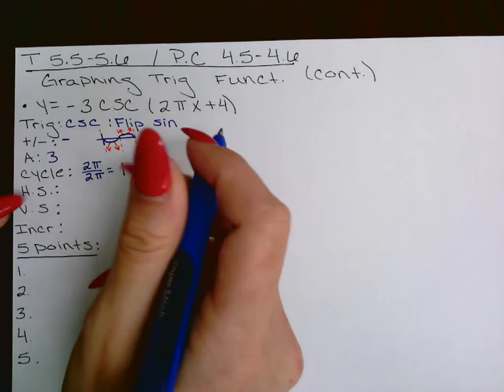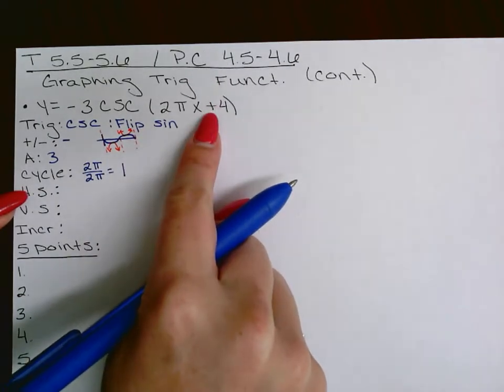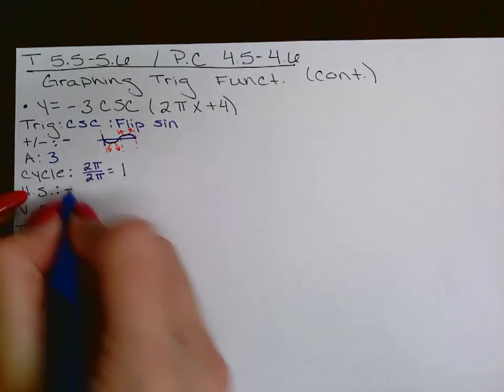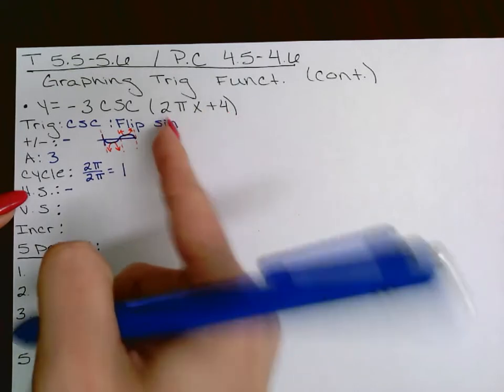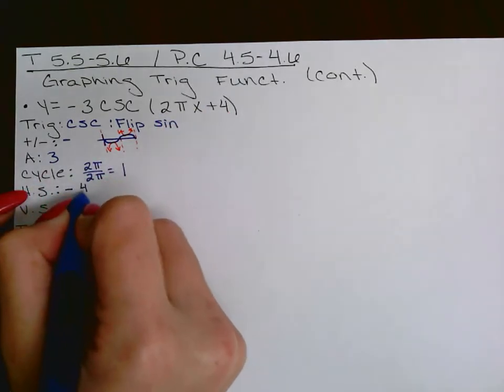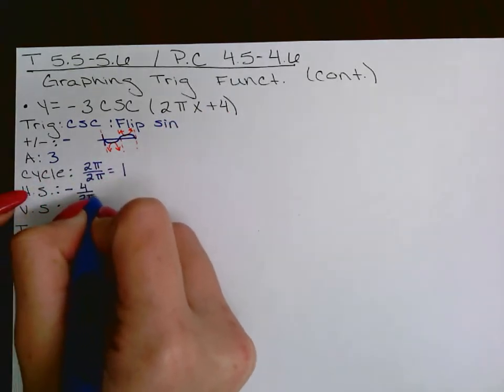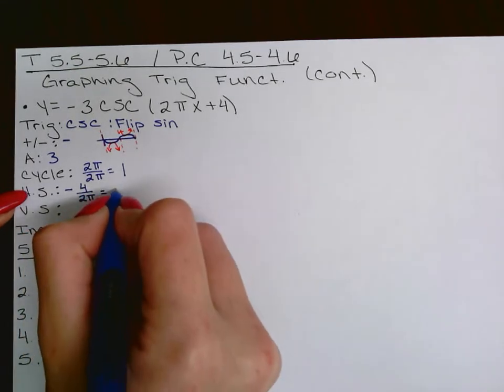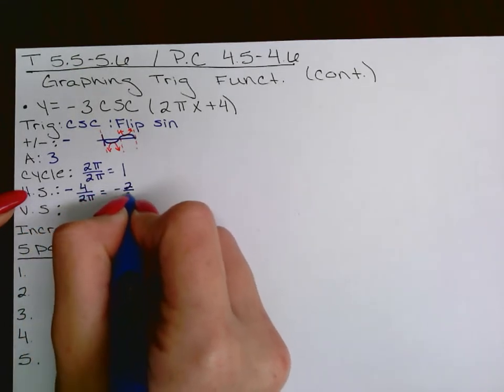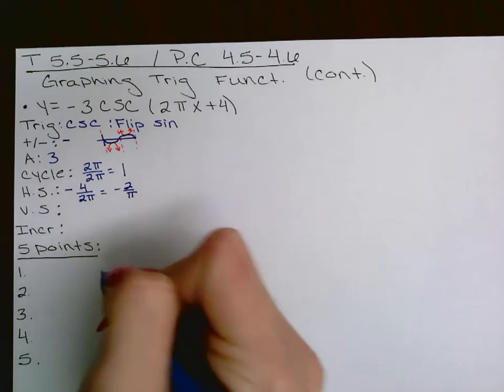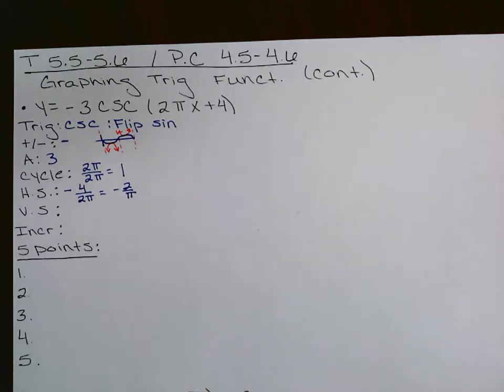My horizontal shift, this is a plus sign, so opposite the sign would be negative. And then c over b, 4 over 2 pi, which reduces to negative 2 over pi. Do not be afraid of having that pi in the bottom. We are going to work with that pi in the bottom, and it's going to be okay to leave it looking a little messy.